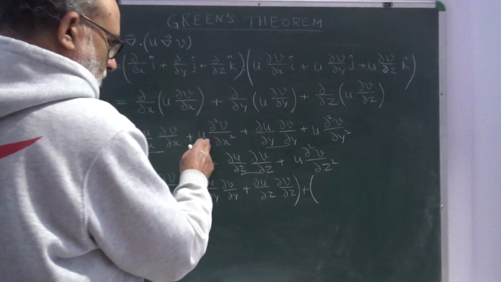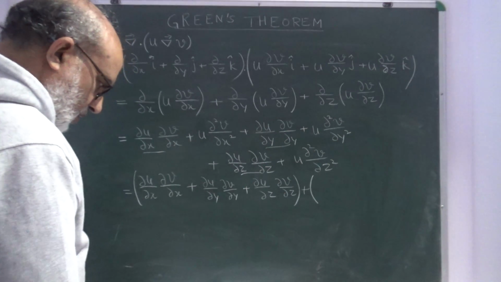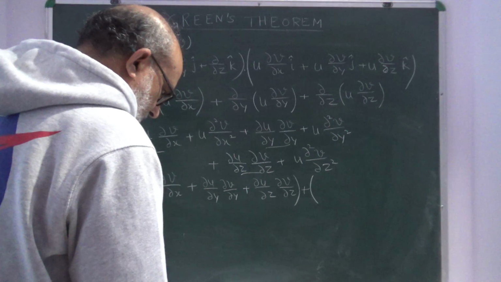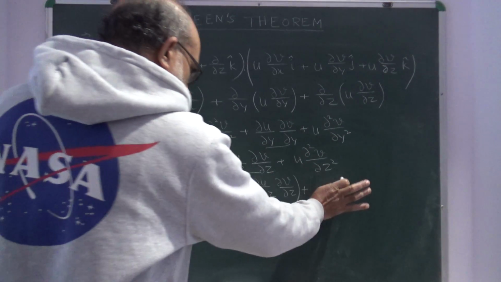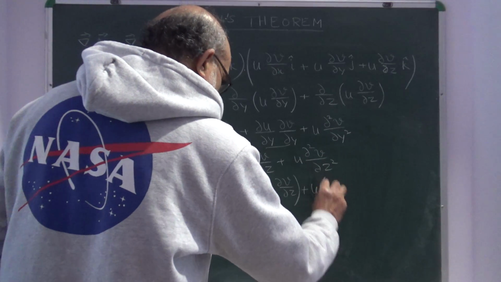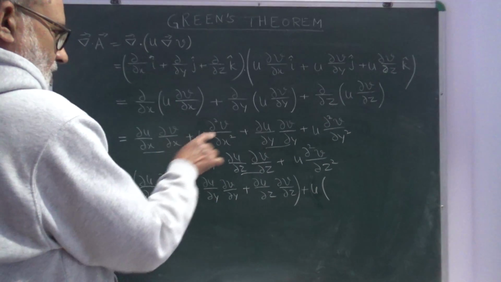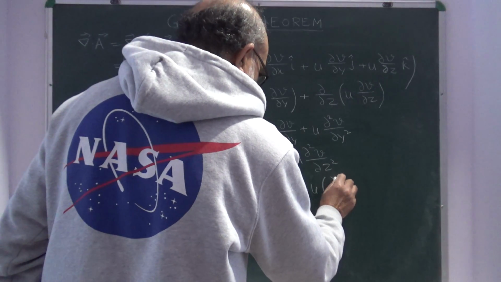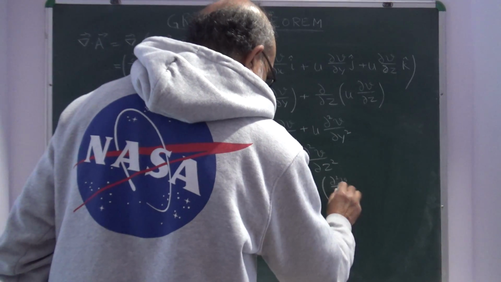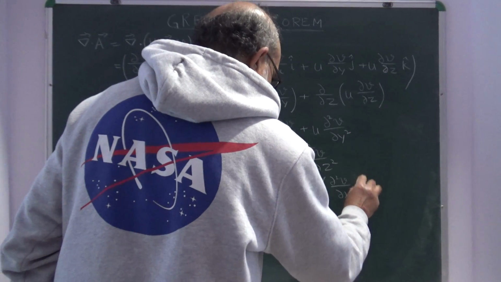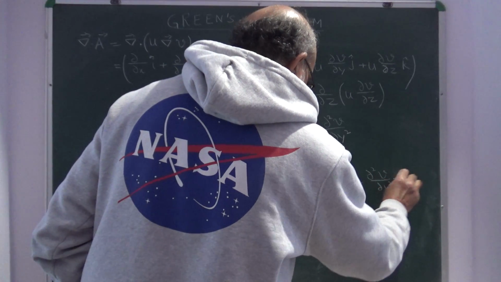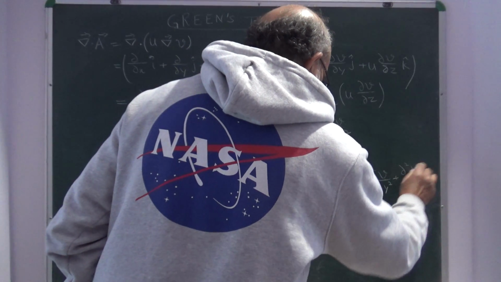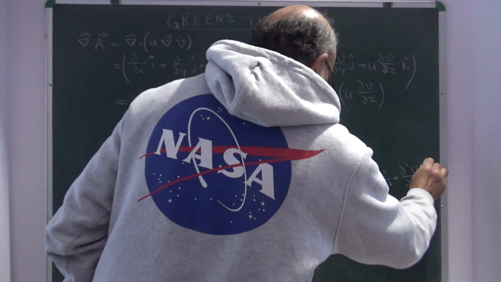So in all these u is common. You can take u outside the bracket, and this will be del square v by del x square plus del square v by del y square plus del square v by del z square.